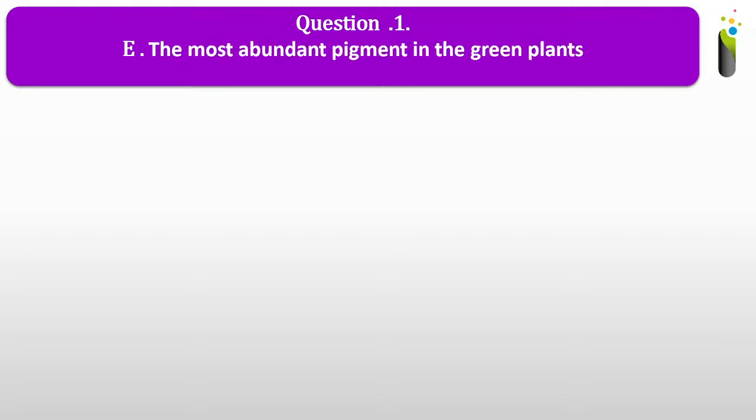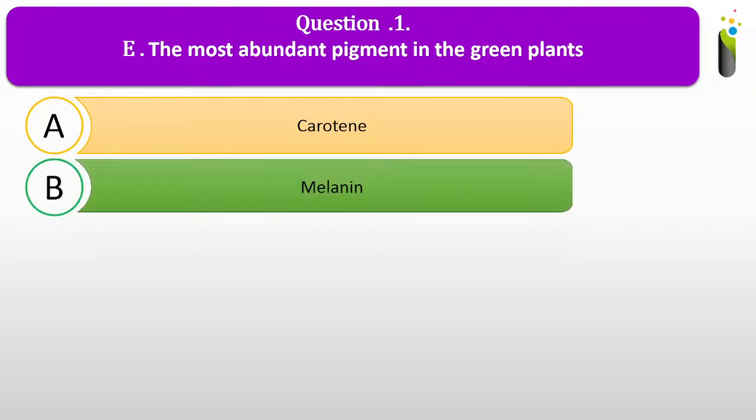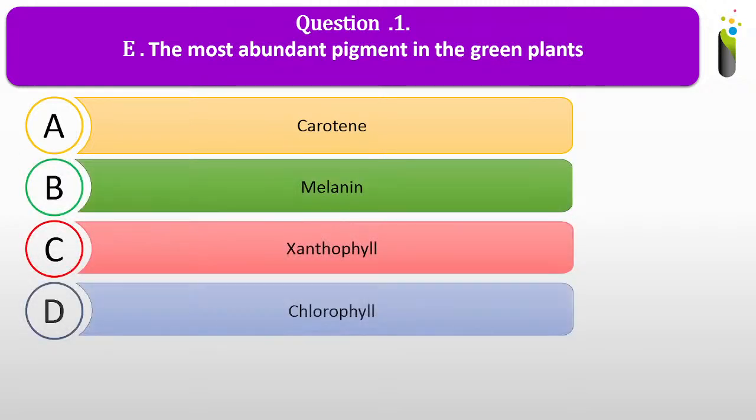Question number 1E. The most abundant pigment in the green plants is dash. A. Keratin. B. Melanin. C. Xanthophyll. D. Chlorophyll.